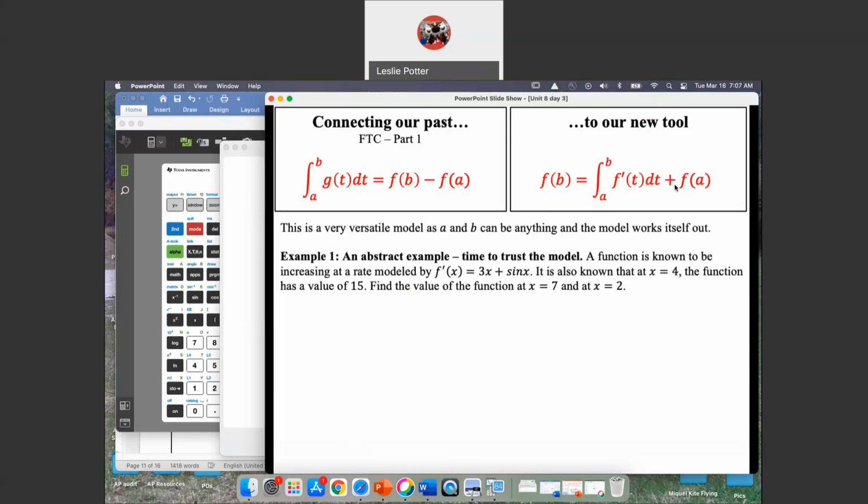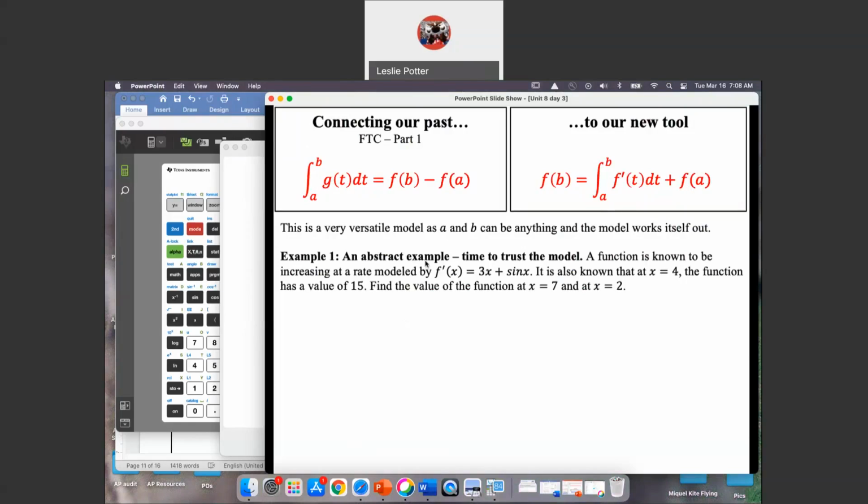Here it is appearing on the integral side now. Then I made a slight variation on the rate. We used to identify the rate as g of t, but we know rate and derivative are the same thing, so I put it in derivative notation. f prime of t is the derivative, and f is the antiderivative.